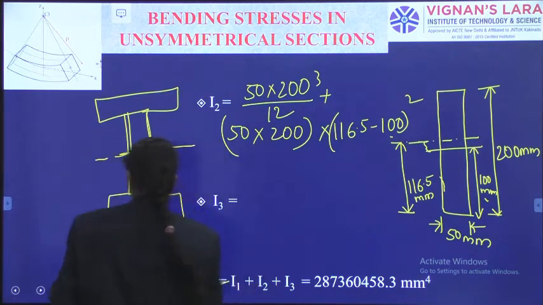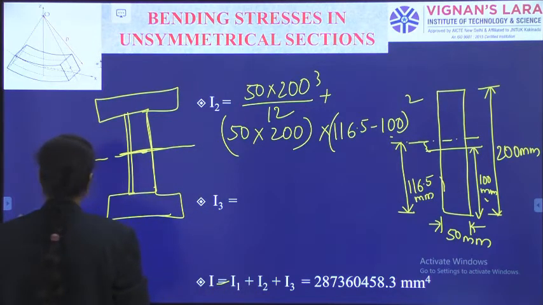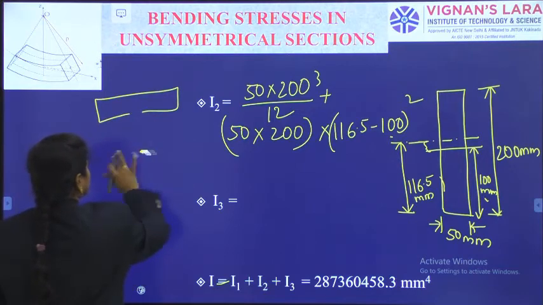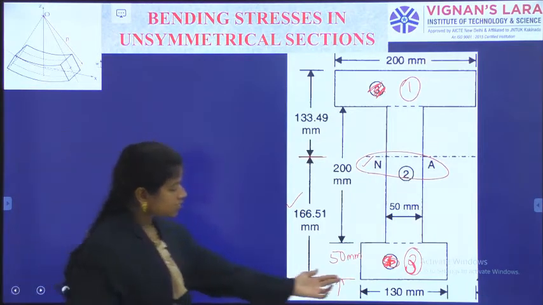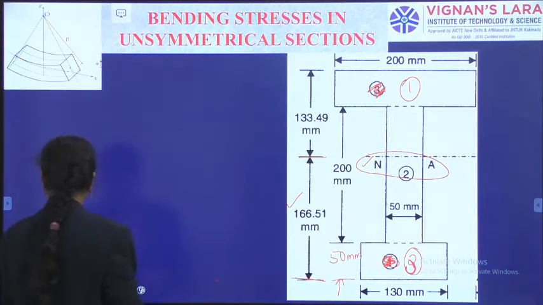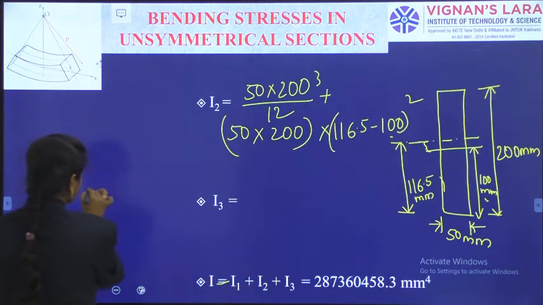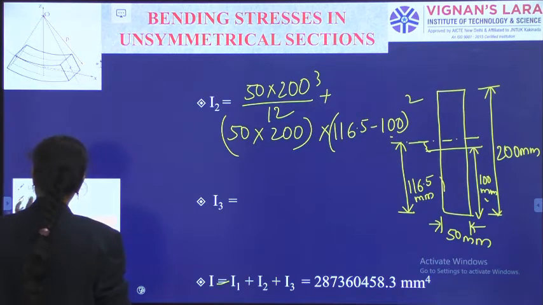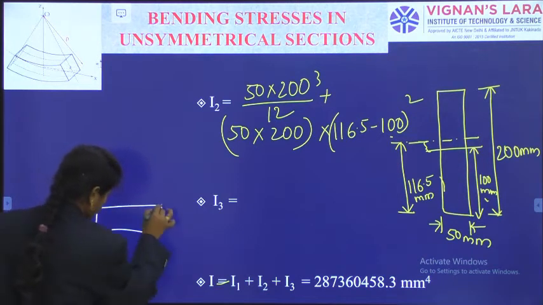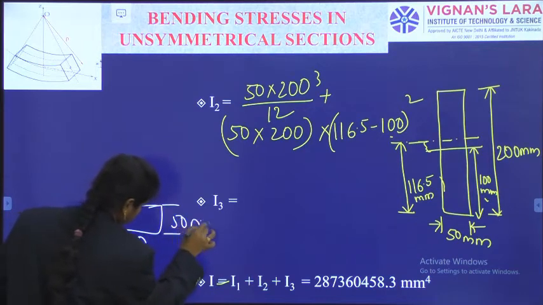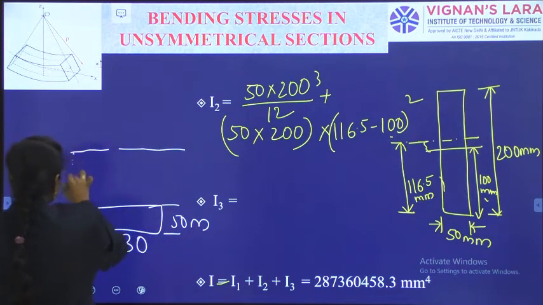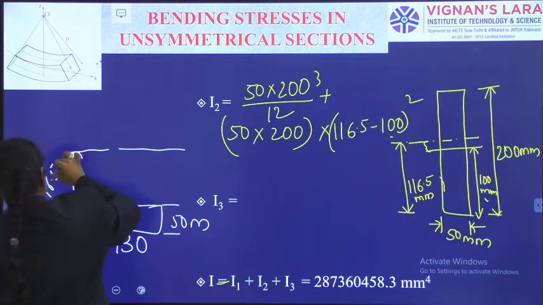And for the last portion, last is 130 and 50. And the neutral axis is at 116.5 mm.